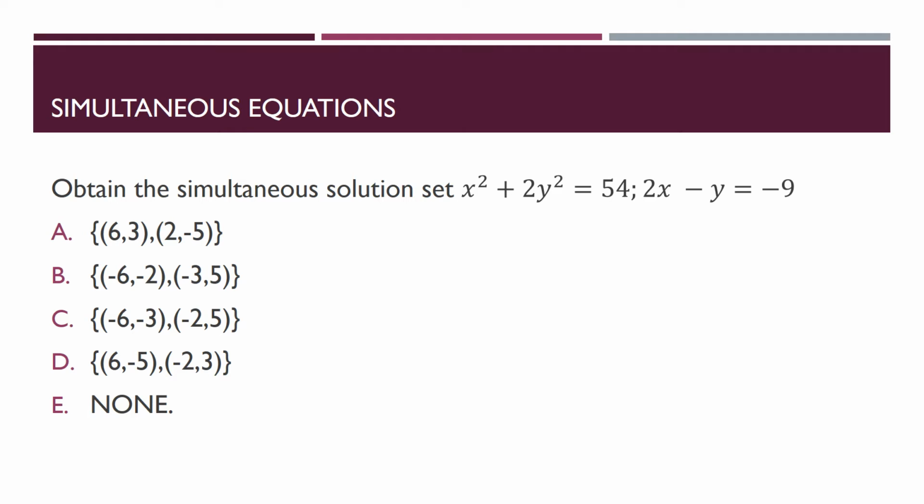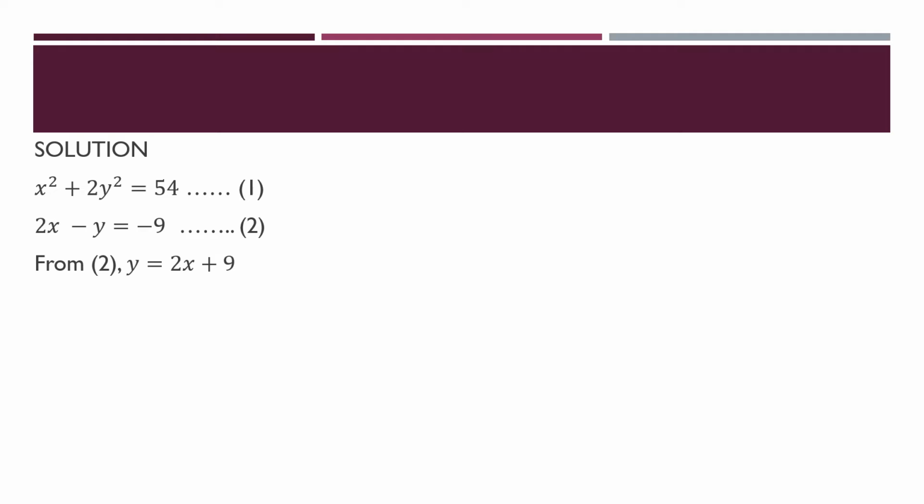Solving the simultaneous equations, my first equation is the quadratic and my second is the linear. From the linear equation, equation number 2, I made y the subject, and I have y equals 2x plus 9.